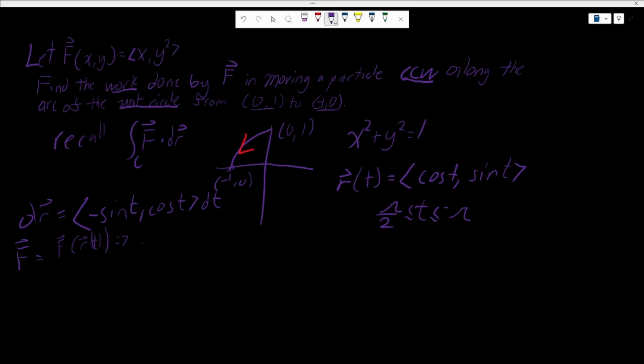Our vector function F is defined by (x, y squared), but if we plug in our r of t, we are going to get F of r of t equal to (cosine t, sine squared t), because our y value here is squared and our y value for r is sine, so just sine squared.